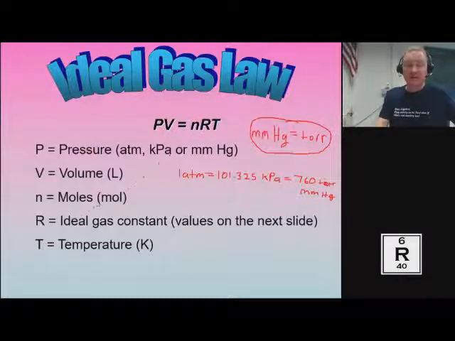You do not need to remember the constant, but you have to know which one to use. And also remember, temperature is always in Kelvin. Don't use Celsius. That's a mistake a lot of people make. Little mistakes like that get the whole question wrong.